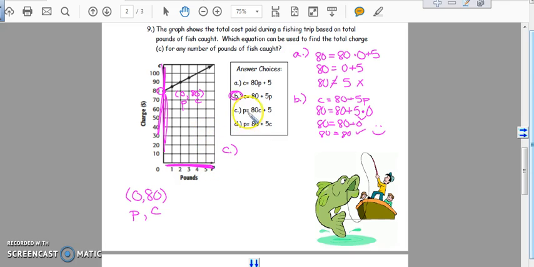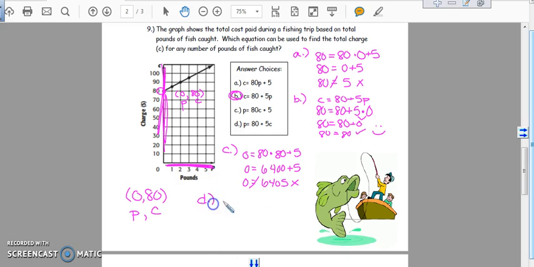Choice C: P is 0 equals 80 times C, which is 80, plus 5. So 0 equals 80 times 80, which is 6,400, so 6,405. Does that work? Nope.